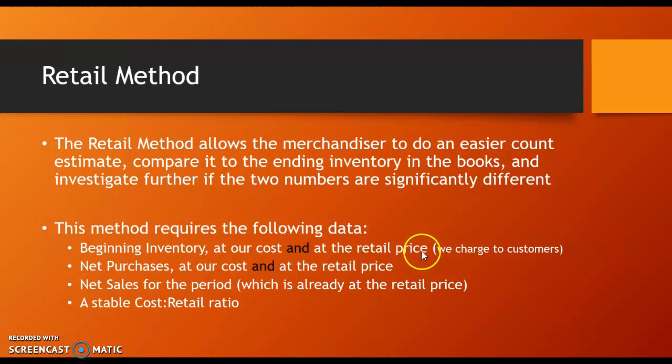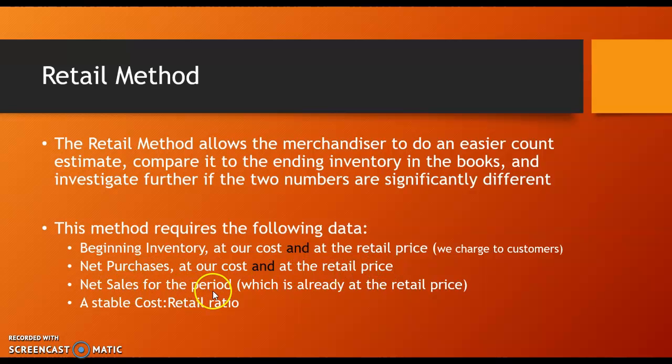And we also need those same items, but multiplied out by their retail prices. We also need net purchases at our cost. What did it cost us to buy those purchases? And what each thing that we purchased during the period, how much would we charge to customers for it?